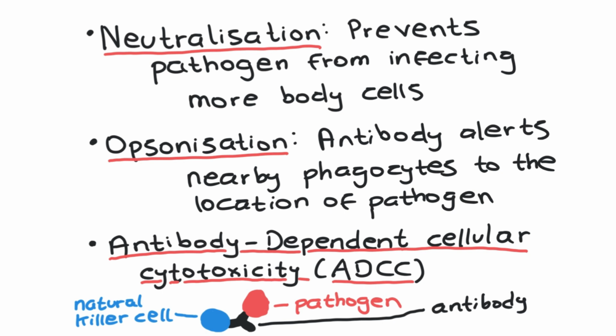So it's essentially bringing the pathogen and the natural killer cell together in close proximity with one another. The natural killer cell will then proceed to destroy the pathogen. So the role that the antibody is playing here is enabling destruction of the pathogen by bringing together a very powerful member of the immune system with the target that needs to be destroyed.